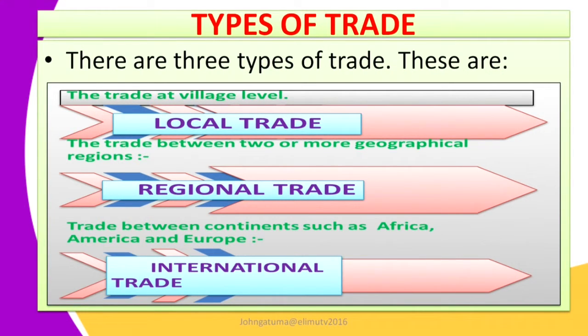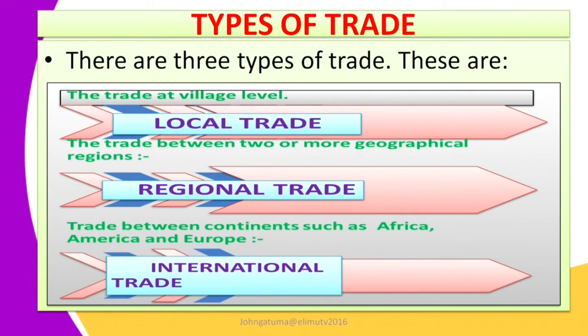As the name suggests, region, this is a trade between two or more geographical regions, or rather areas. The last type of trade that we have is international trade. As the name suggests, international, this involves continents, and it is trade between continents such as Africa, America, and Europe. We shall discuss these in detail.